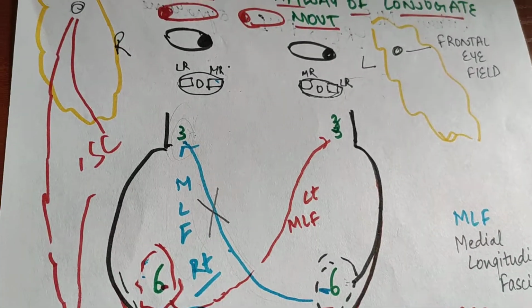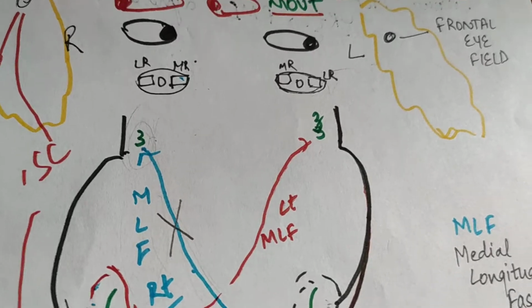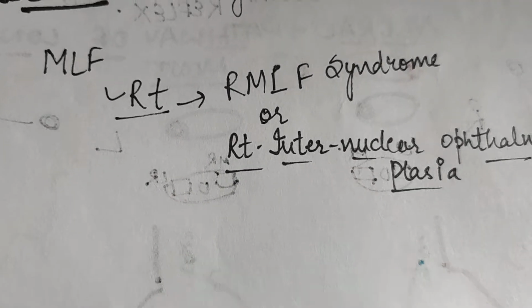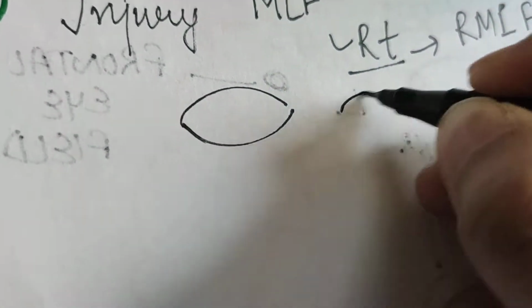This is also known as right internuclear ophthalmoplegia, because the fasciculus between the nuclei is damaged. So what would happen in the right case? This is the right eye, this is the left eye.